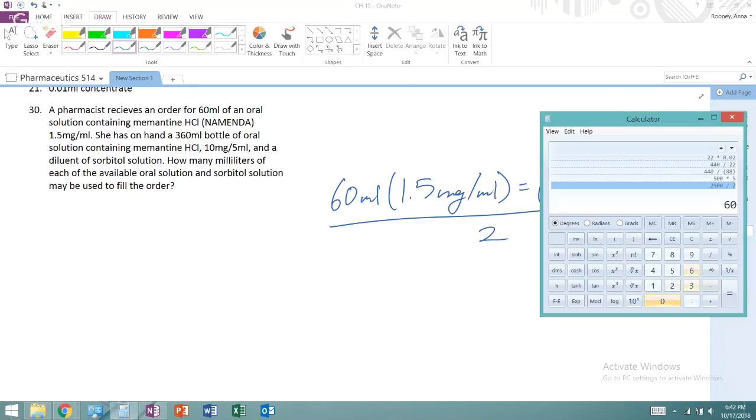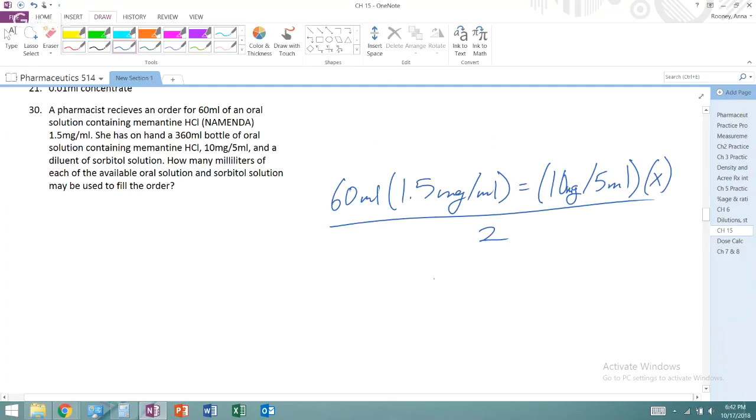So 60 times 1.5 divided by 2, 45. So we need 45 milliliters of the memantine. And then, so that means that we have to take 60 minus 45 to find out the diluent, which is 15 milliliters. So then you have 15 milliliters of the sorbitol.